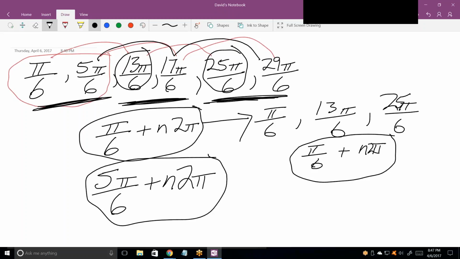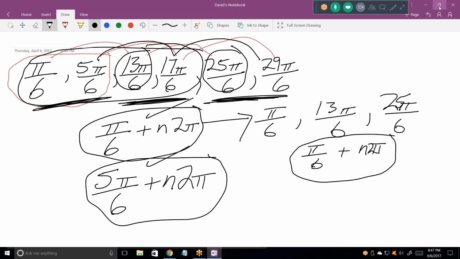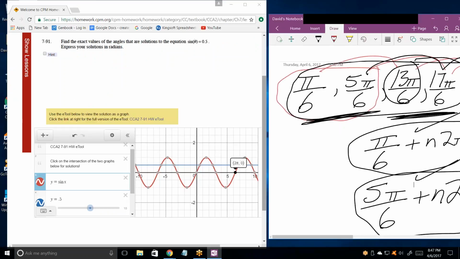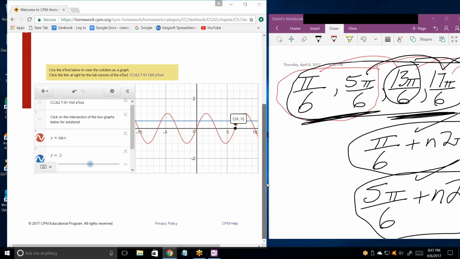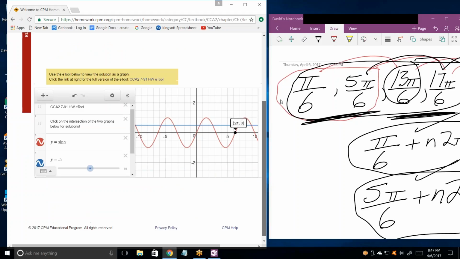But 2 unit circles, in other words, just these 4 answers, will allow you to come up with the 2 series that I came up with. You should always do 2 unit circles. Why they're doing this with a graph, I don't know. I guess to make it more comprehensible. I'm not sure it is, but anyway.